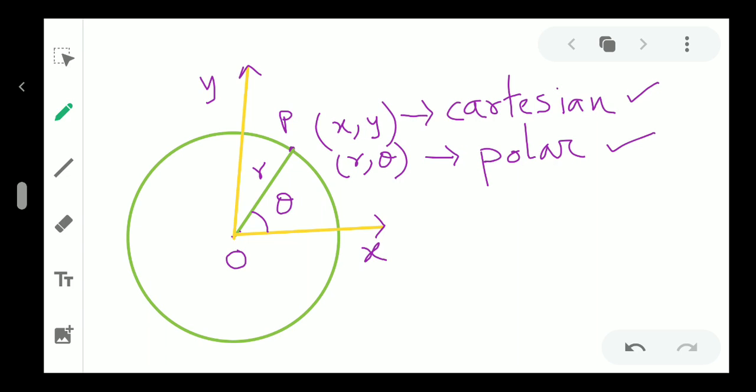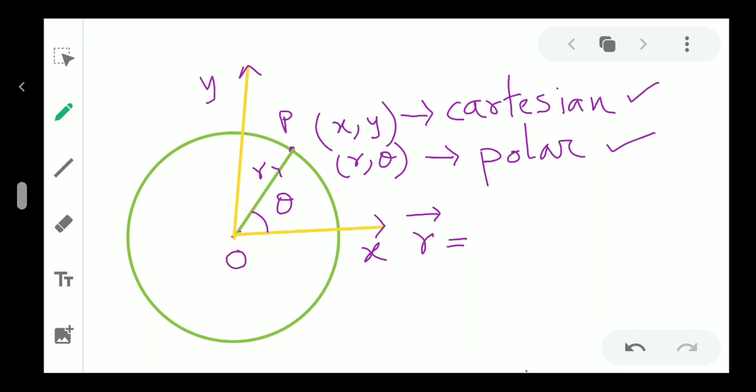Differentiation will be needed here, and I will tell you why. Let us first define the position of this particle. We can always write r as a vector, because r has a direction from O to P. So r can be represented as a vector whose magnitude is r.